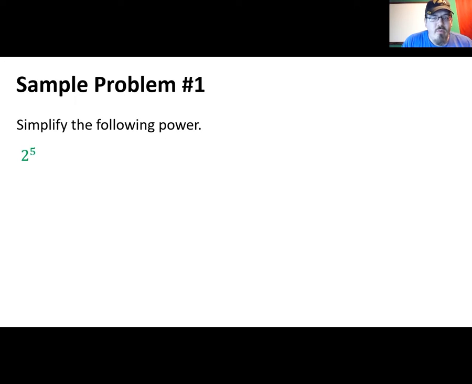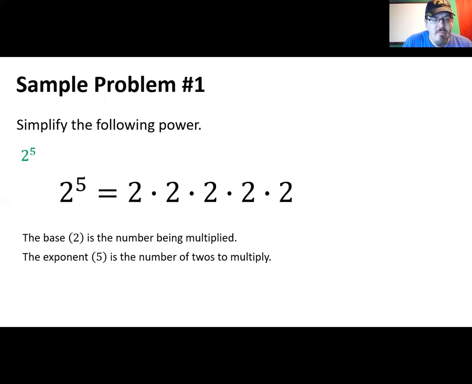So to simplify it, a power is basically a shorthand way of writing repeated multiplication. We want to take a number and multiply it by itself a certain number of times. We start with the base, which is 2 in this case. That's the number that's going to be multiplied. The exponent is the number of times we multiply that base, or the number of 2's we need to multiply.